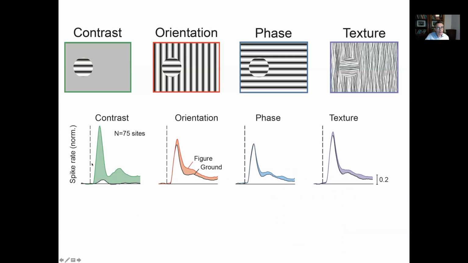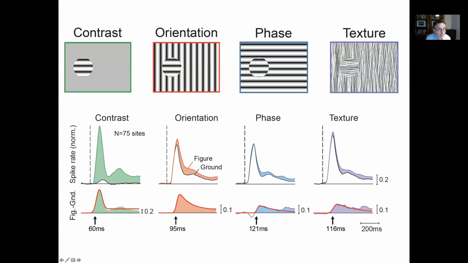Here on the left in green is simply a response elicited by a high contrast stimulus, and the black one is when the high contrast stimulus appears outside the receptive fields, so that's not so surprising. What is nice is that in this situation, the receptive field either falls on the figure in red or falls on the background, but now the image elements in the receptive field are always the same. So also in mice we see these extra spikes elicited by figures. Same for phase-defined stimuli and for texture-defined stimuli.